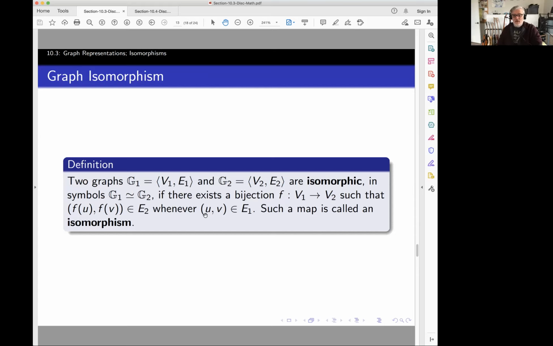It means that whenever uv is an edge in the graph G1, then if I apply the function f, f of u, f of v is an edge of E2. So it sends edges to edges. You can't break them. Let me show you an example, because this is sort of a mouthful.